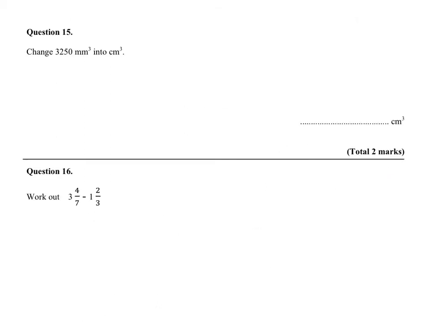Question 15 asks us to change 3,250 millimeters cubed into centimeters cubed. Well, there are 10 millimeters in a centimeter, but in a volume, if we have a centimeter cube, so imagine that each one of those sides is 1 centimeter.